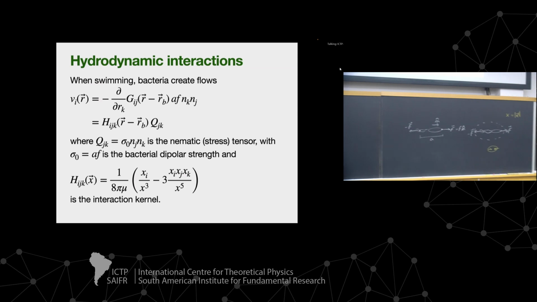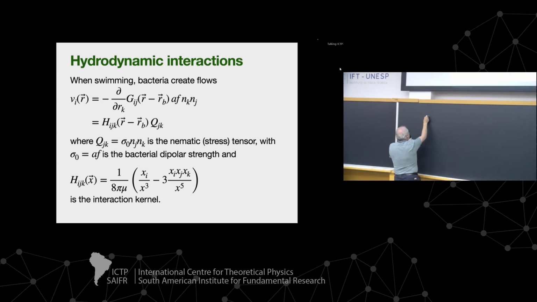So I'm going to draw a bacterium without flagella, whatever. So this is the guy that is generating the motion, and let's say that it is moving with some speed. And you want to compute the flow at the position R.